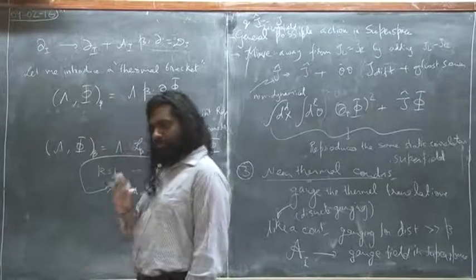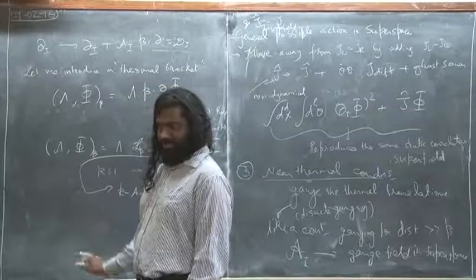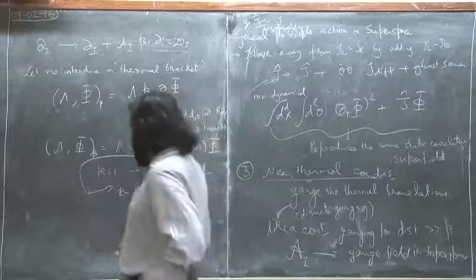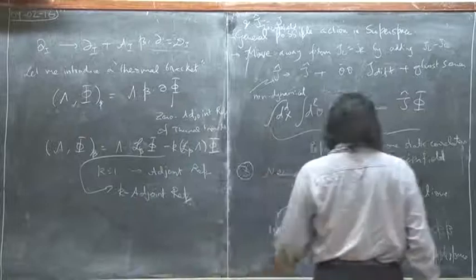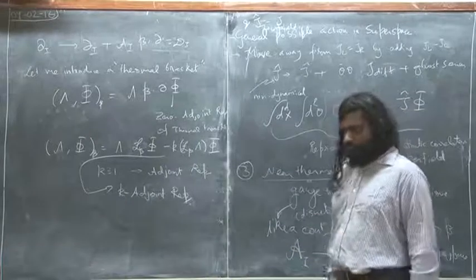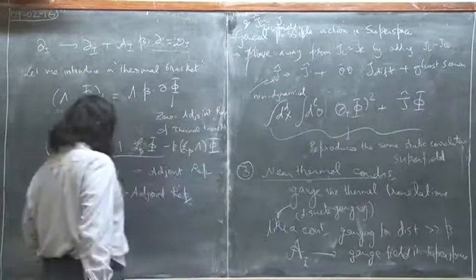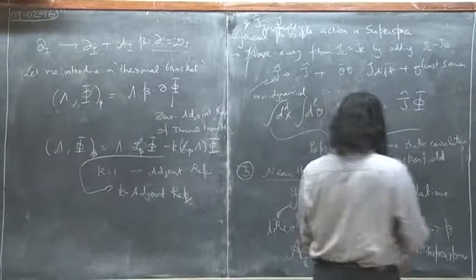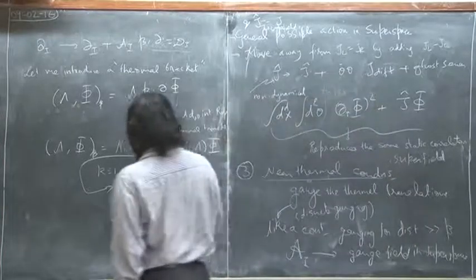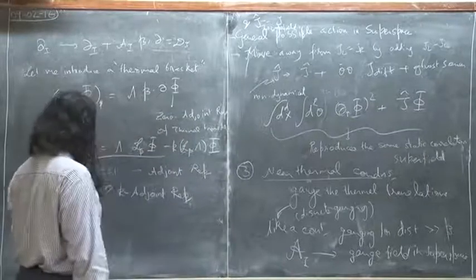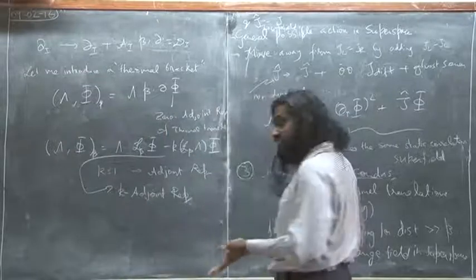If it is bothering you, for this talk we'll just assume that it's not dynamic. It's just a background gauge field, which keeps track of the temperature, velocity, entropy current, and so on. It has some issues, but I don't want to get into that.